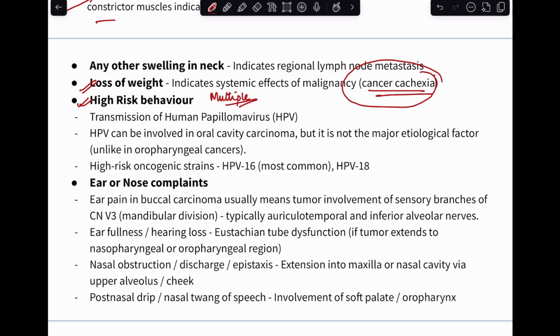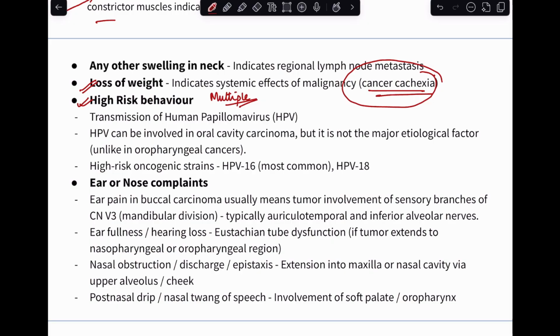Next, we have asked about a history of high risk behavior, like, for example, having multiple partners. Why is this important? Why is high risk behavior important in relation to oral cavity cancer? In high risk behavior, we can have transmission of the human papilloma virus, the HPV virus. HPV can actually cause verrucous carcinoma, which is another variant of carcinoma that we see involving the oral cavity.